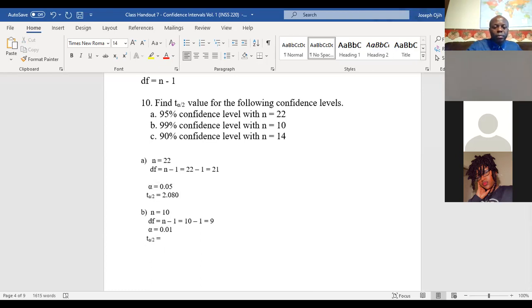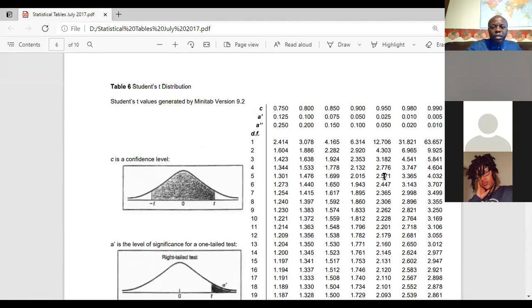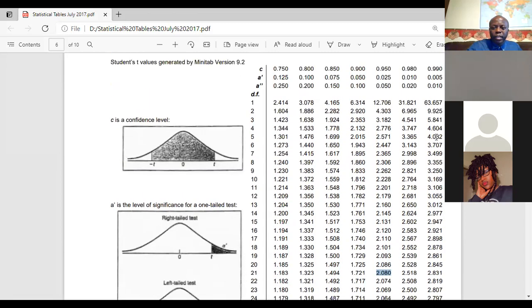So we go there. We have here 0.01 is right here. So go under 9 degrees of freedom. So 0.01, you go to 9. Okay, 9 should be here.